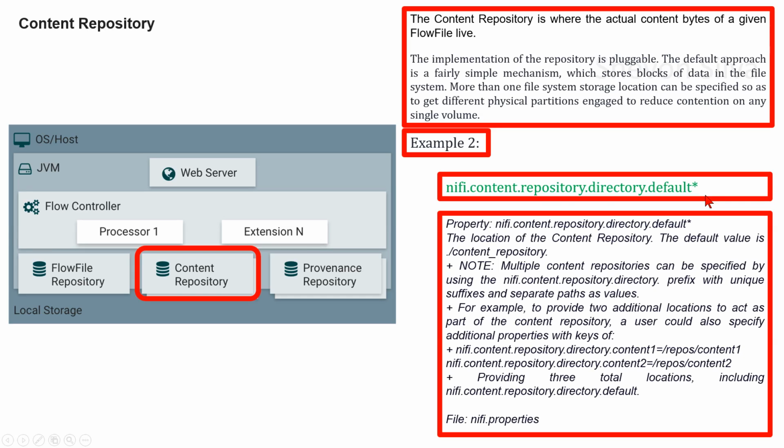For example, to provide 2 additional locations to act as part of the content repository, a user could also specify additional properties with keys of NiFi.content.repository.directory.content1 equal /repos/content1, NiFi.content.repository.directory.content2 equal /repos/content2.